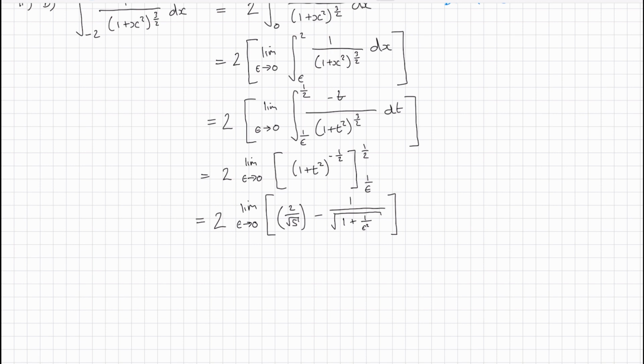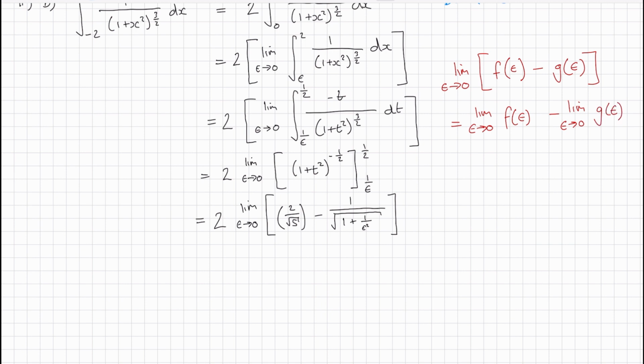Also, with an expression like this, limits are additive. Let's say we have the limit of a function of epsilon minus another function of epsilon. That is the same as the limit of the first function minus the limit of the second function.